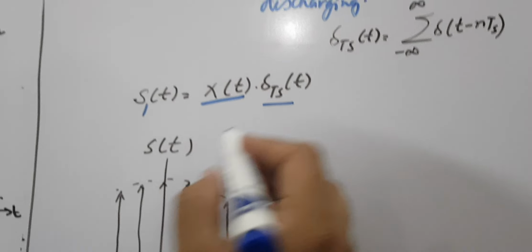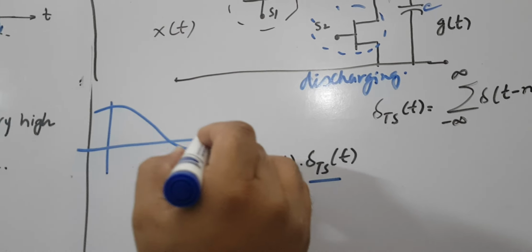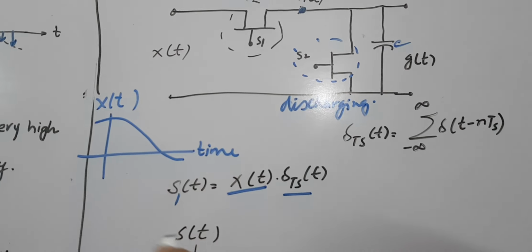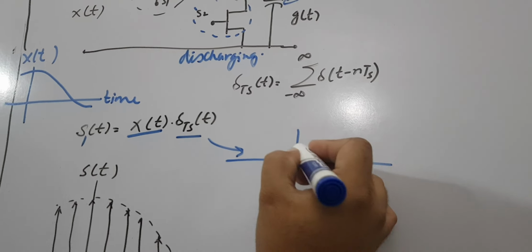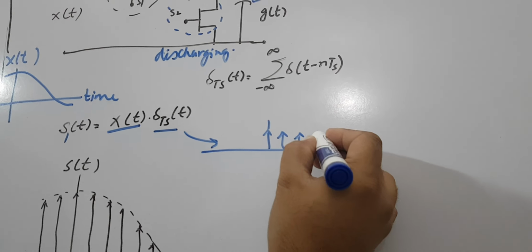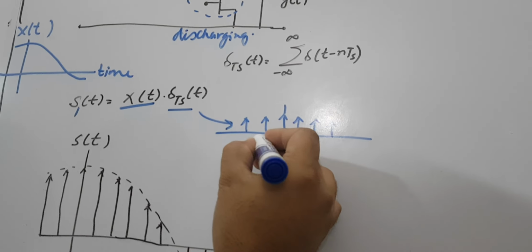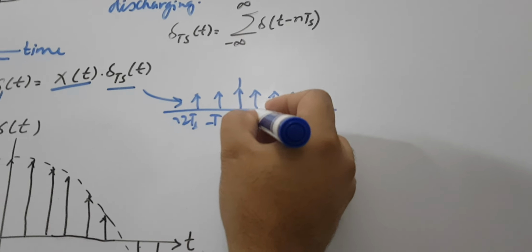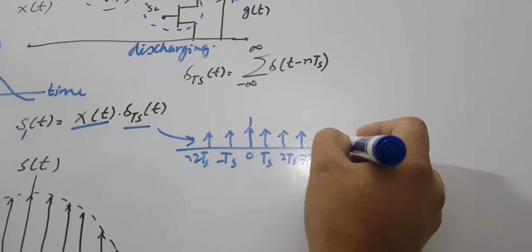So you have an analog signal, a continuous signal. This is time, and this is x(t), and we have the pulse train at minus Ts, minus 2Ts, 0, Ts, 2Ts, 3Ts, and so on.